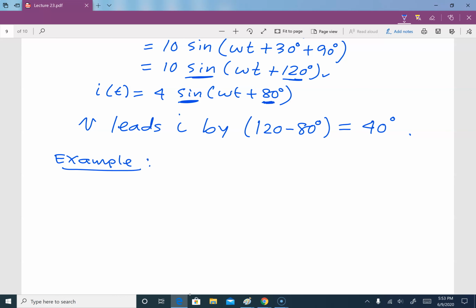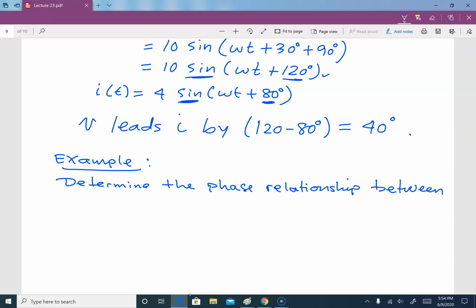What about if we need to determine the phase relationship between the following set.